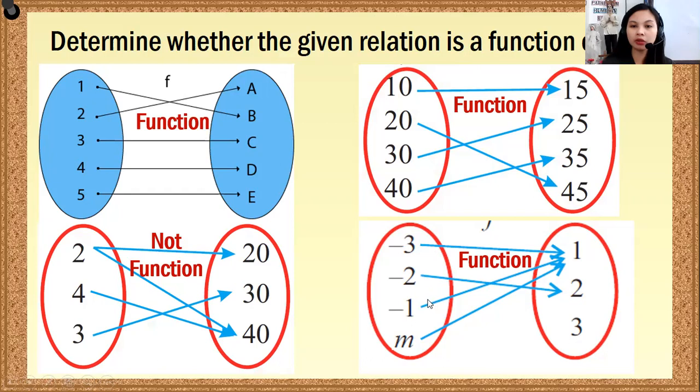Kasi magkakaiba naman yung value ng x nila, okay? Unlike kasi dito sa pangatlo kanina, pare-pareho mismo yung x nila. Dito po magkakaiba naman, pare-pareho lang ng y. Okay lang kahit marami sila dun sa y na yon, as long as magkaiba po yung x, okay? Hindi puwedeng iisa lang yung x and then maraming y po, okay?